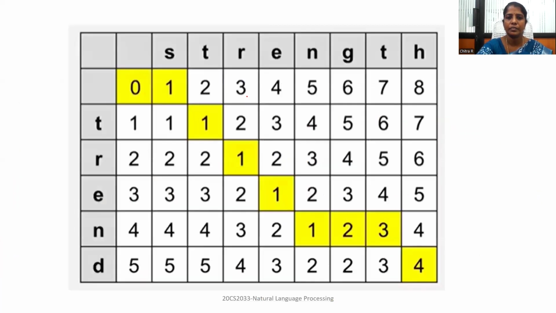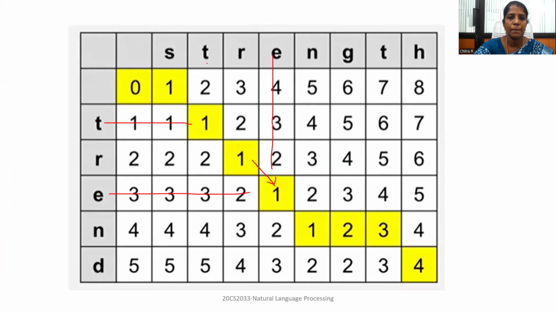So this is for the strings. Do you understand the concept now? Here E and E. If it is the same, then the diagonal value is placed here. If it is different, then it is handled differently. So consider T and T. Here also it's the same.